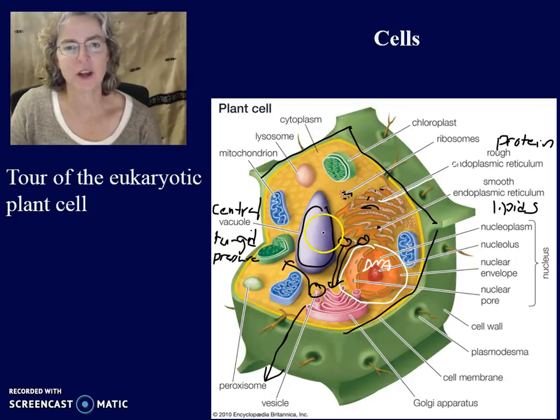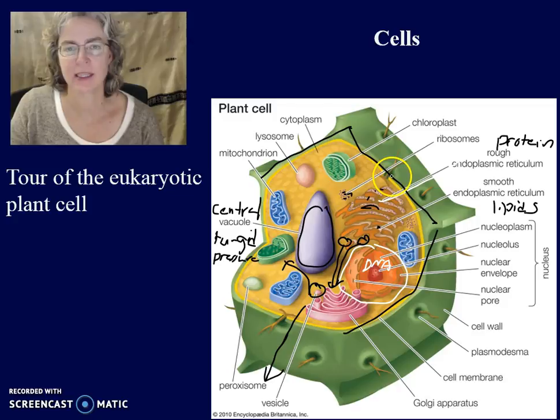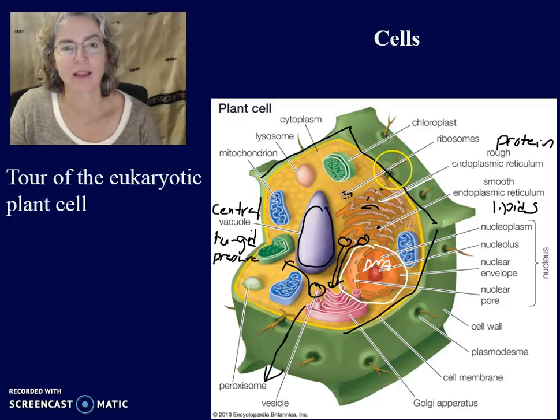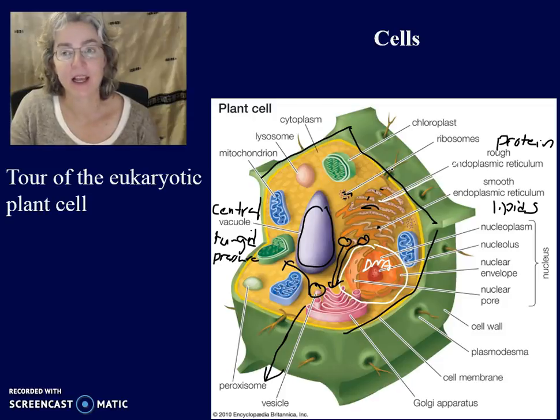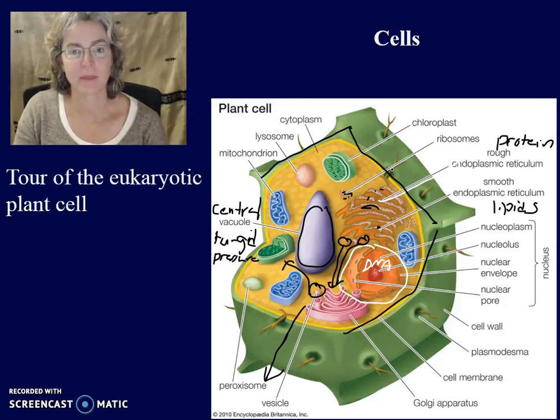So the pressure against the vacuole that's filled with water presses up against the cell wall, allowing the cell and the plant to be able to stand up. That's why if you don't water your plant, it starts to wilt. It's because the water inside the vacuole starts to disappear and makes the plant wilt.